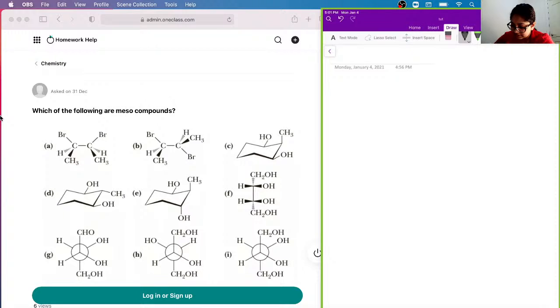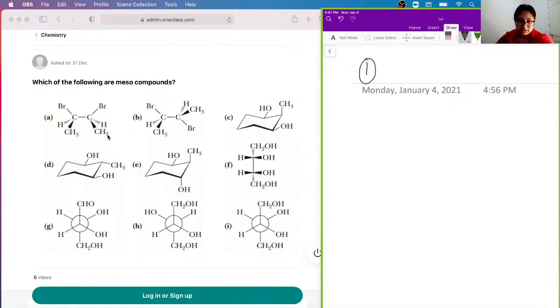So the first question here says, which of the following are meso compounds? We're given nine compounds here, and we're supposed to figure out which ones are meso.